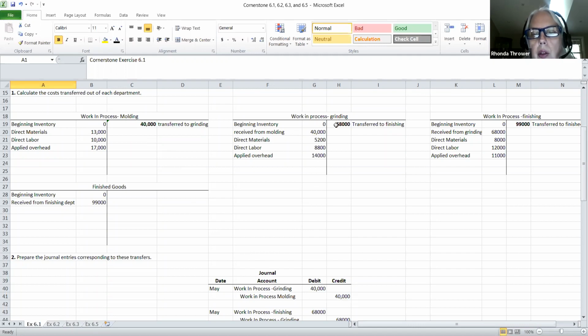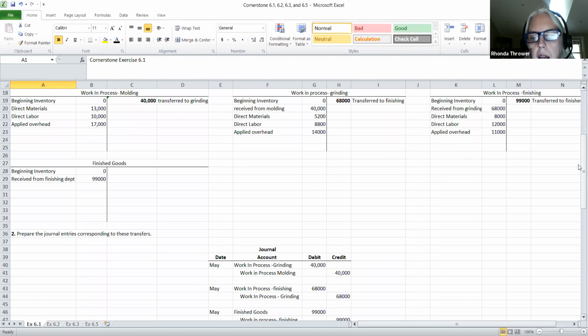Now, when we got through with these costs in the grinding department, we're transferring those to the finishing department. So the work in process in the finishing department is debited for $68,000, and the work in process in the grinding department is credited for $68,000.